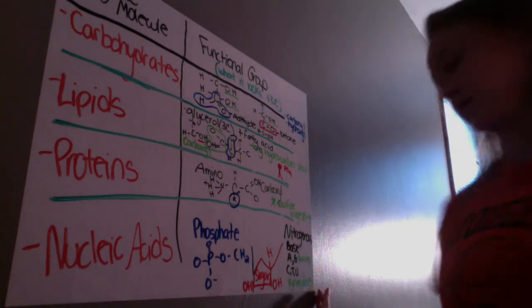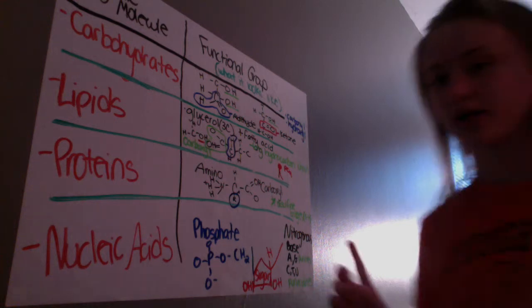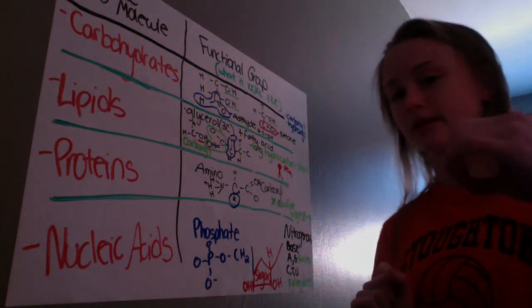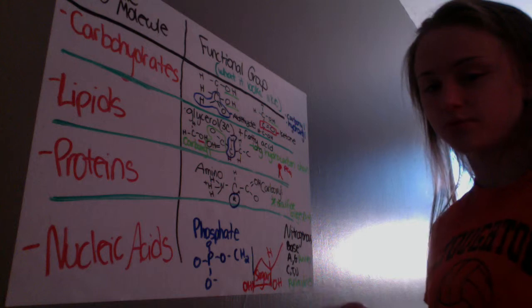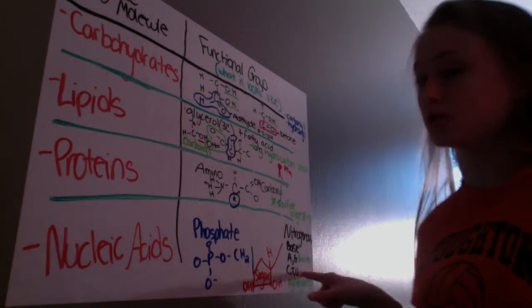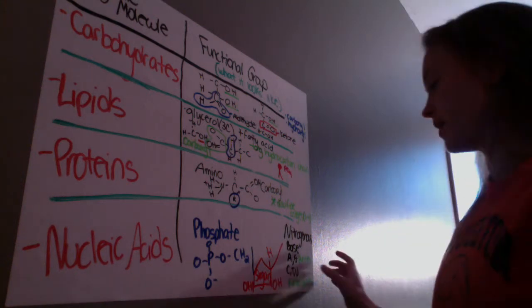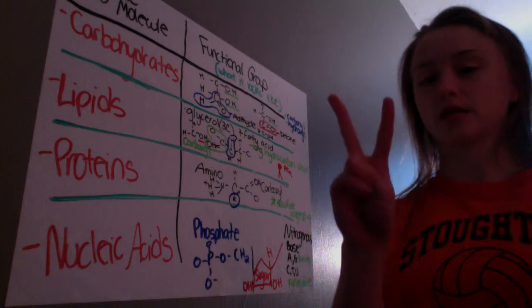But pyrimidines only have one ring. So there's only one for pyrimidines. When I say pyrimidines, you probably can't see the letters here, but it's cytosine, thymine, and uracil. So those are the pyrimidines, one ring. And then purines, A and G, two rings.